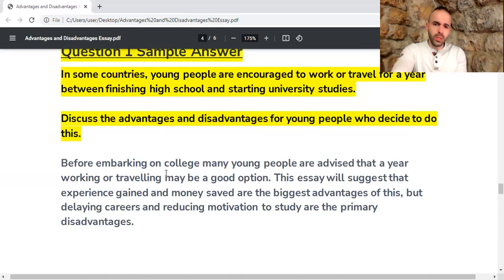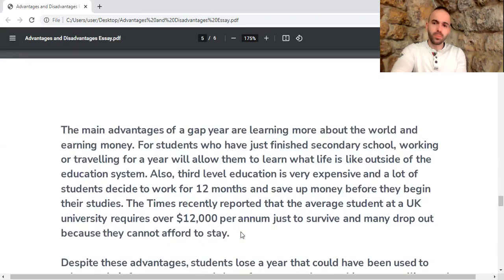So we have "embarking on", beautiful. We have "the biggest advantage" or "the primary disadvantages", "experience gained", "reducing", "delaying" is a beautiful word as well. Let's move here. For example, we have the word "learning", a good word. "Earning money" is a good word. What else? "Education system" is a good word as well.